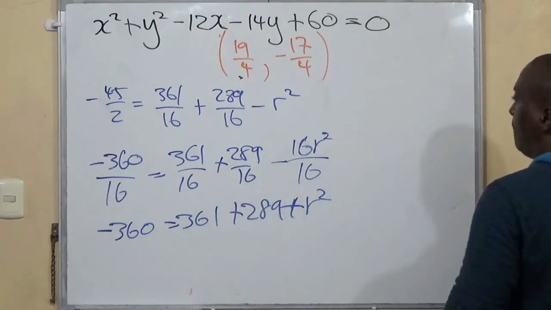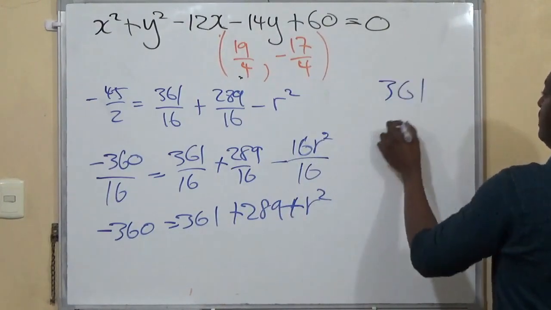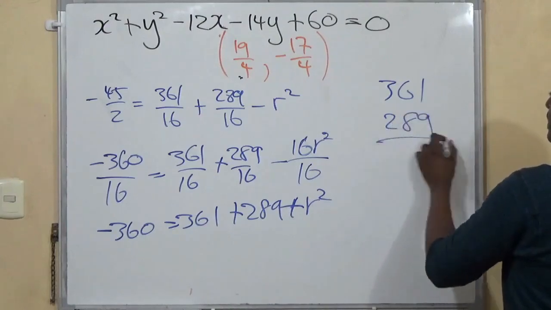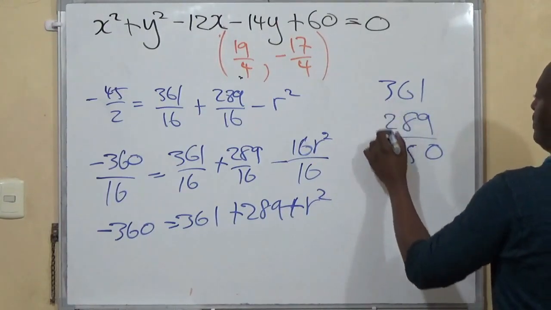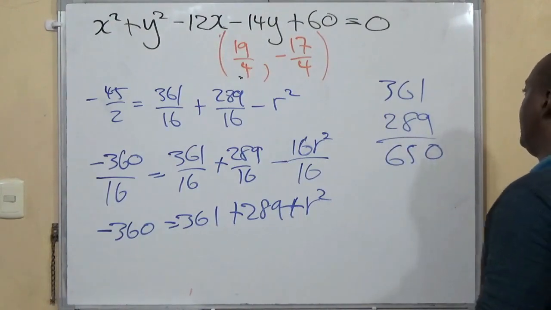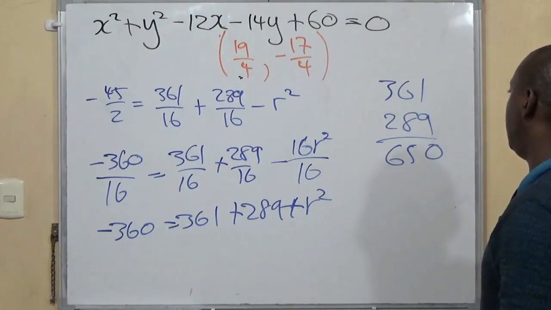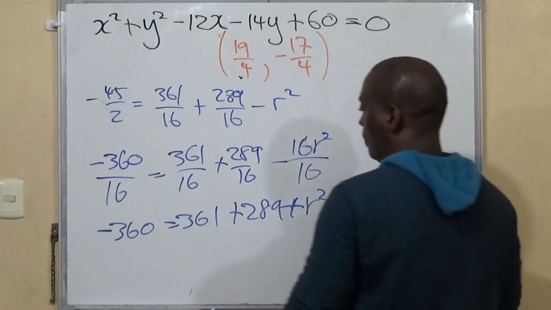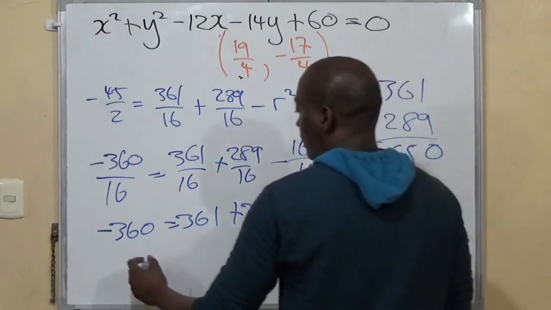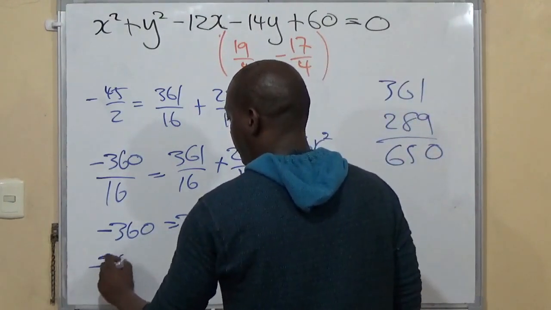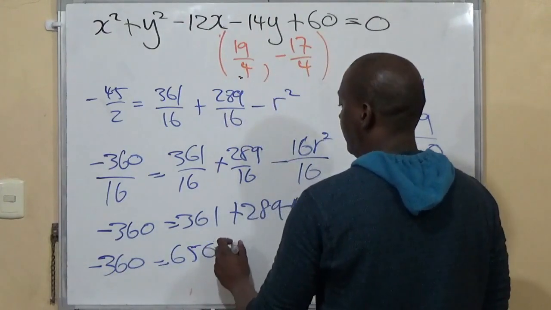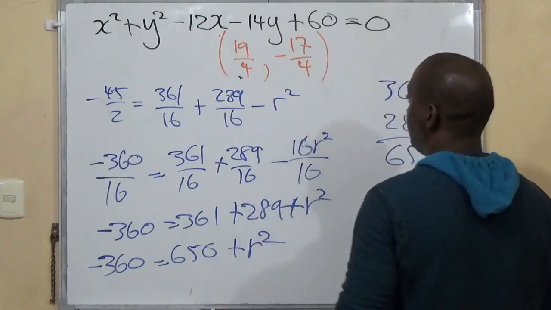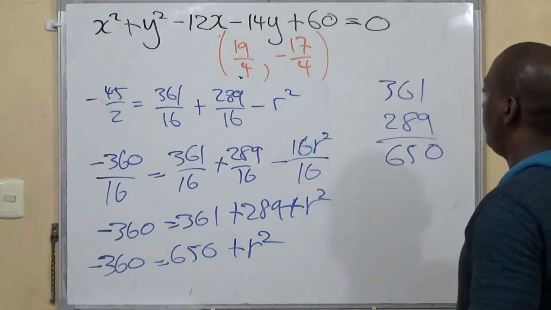Let me see now. 361 plus 289: 9 and 1 is 10, 6 and 8 is 14 and 1 is 15, 3 and 2 and 1 is 6. Alright, so minus 360 is equal to 650 minus r squared.